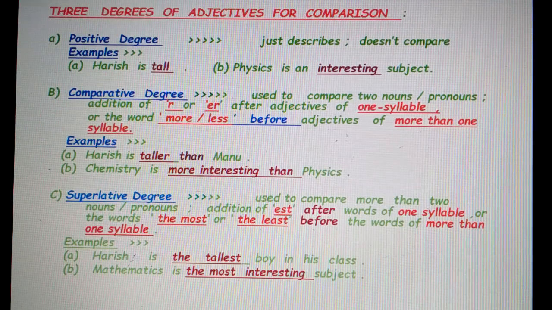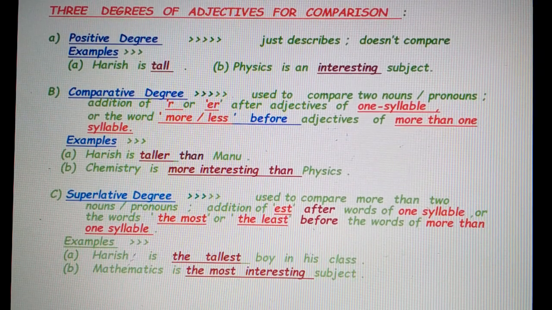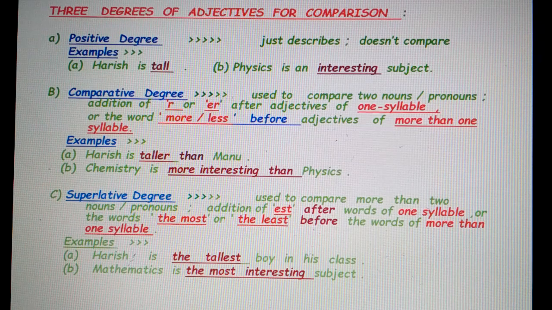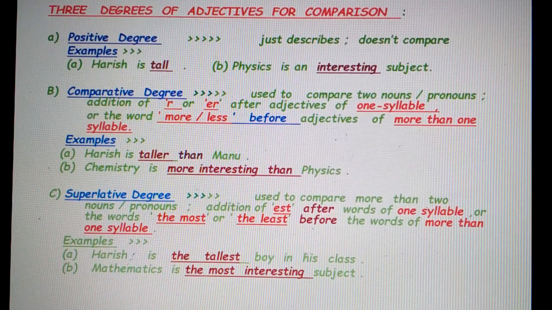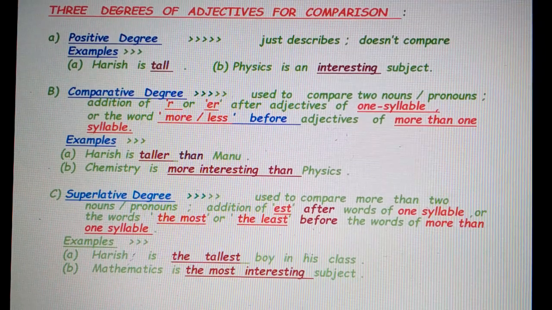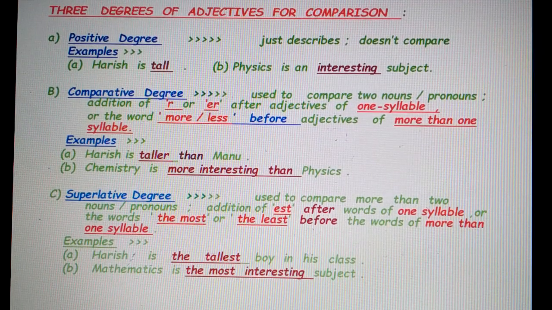Very clearly you can see here, taller is written, and just after the word taller, the comparative degree of the word tall, we have added a new word, than. Harish is taller than Manu.